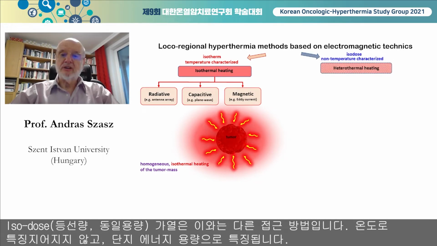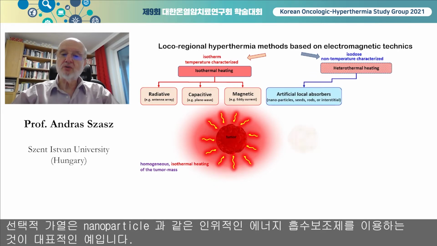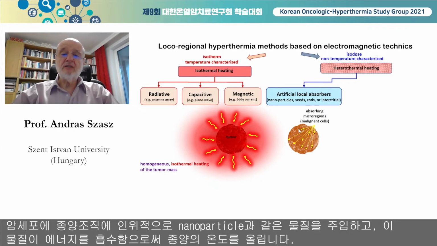The isotherm heating is a different approach. It's not temperature characterized, but only dose characterized. Heterogenic heating could be done with artificial local absorbers, like nanoparticles, seeds, rods, and interstitial. We put a lot of absorbers artificially inside the tumor, and these absorbers absorb the energy, and this absorbed energy heats up the tumor mass itself.